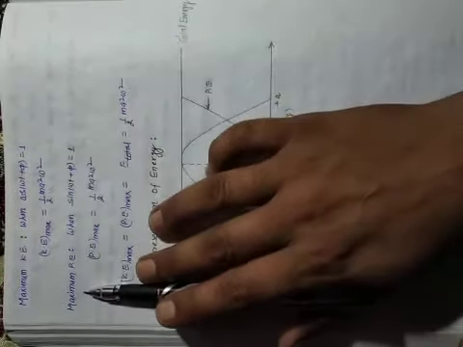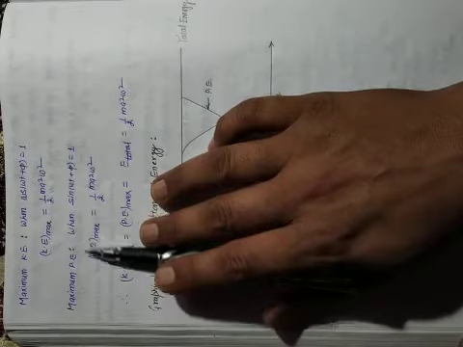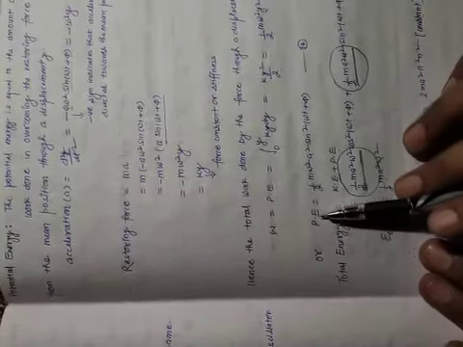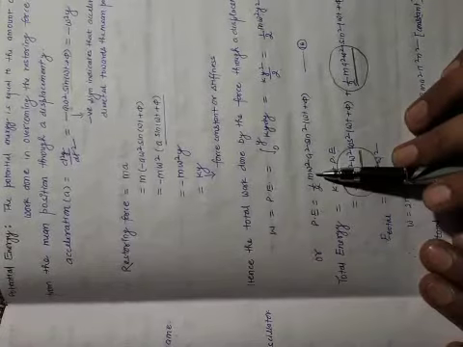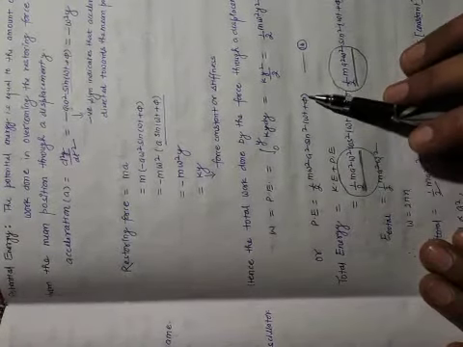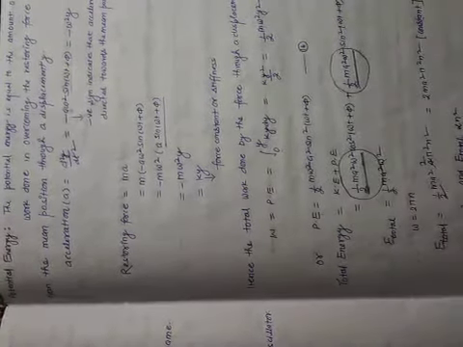And what about the maximum potential energy? The potential energy is given by equation number 16, which is half m omega square a square sine square (omega t plus phi), and sine (omega t plus phi) has a maximum value equal to +1.